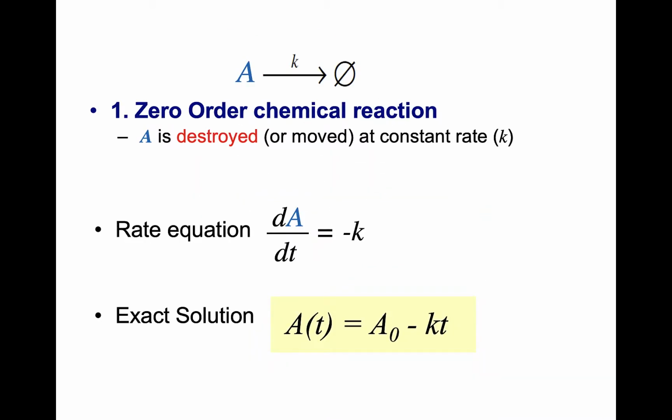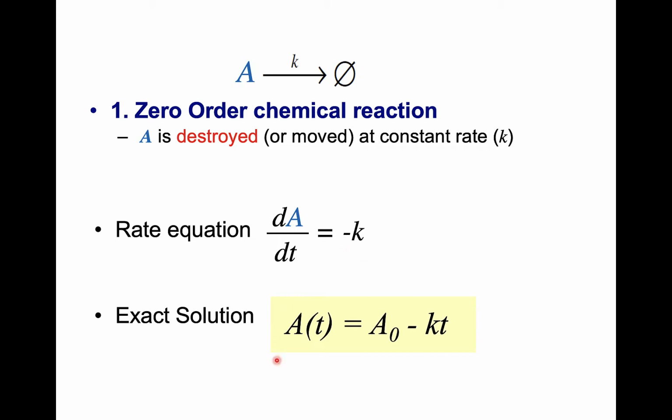Before we leave this topic, let's note that we could also use a zero-order chemical reaction to describe a scheme where A is destroyed at a constant rate, or A is moved into a different compartment at a constant rate. In this case, our rate equation would be dA/dt equals negative K, the negative to reflect the fact that A is going to be decreasing as time goes on.